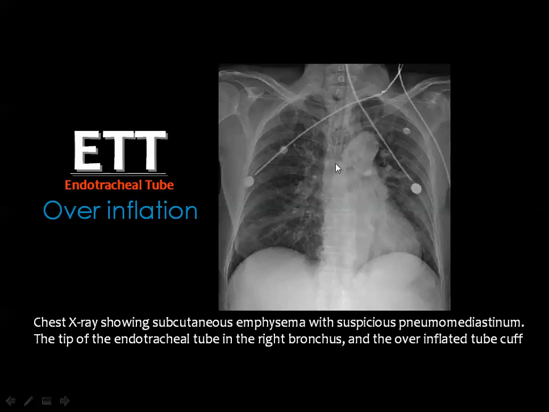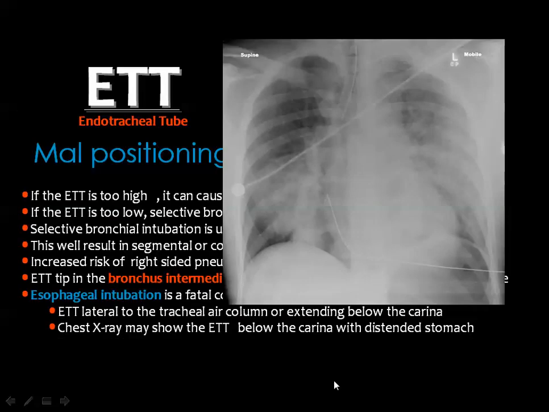right main stem bronchus. One of the best ways for judgment of subtle pneumomediastinum is to look at the patient's neck. If you can see streaks of air in the patient's neck on one side or on both sides, then you may feel that there is pneumomediastinum.